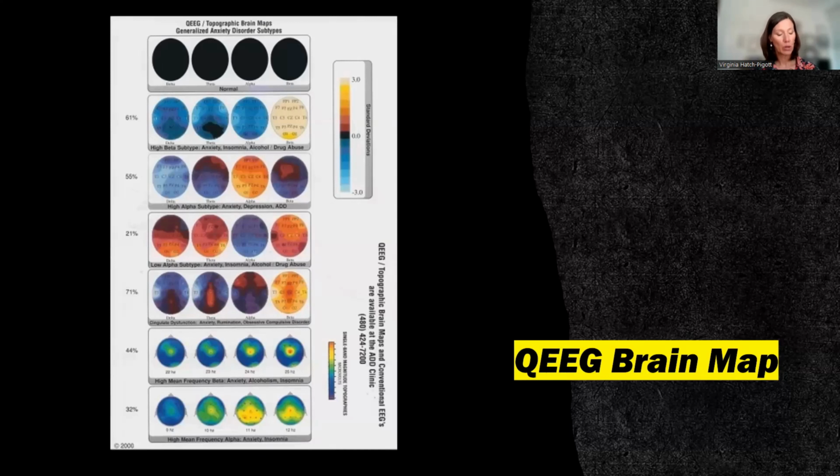The bottom 2 rows are from NeuroGuide, which was developed by Robert Thatcher, PhD. And this actual card is from a presentation that Bob Gurney gave some years ago on the different subtypes of anxiety. In this example, you can see the 4 black ovals at the top represent normal.